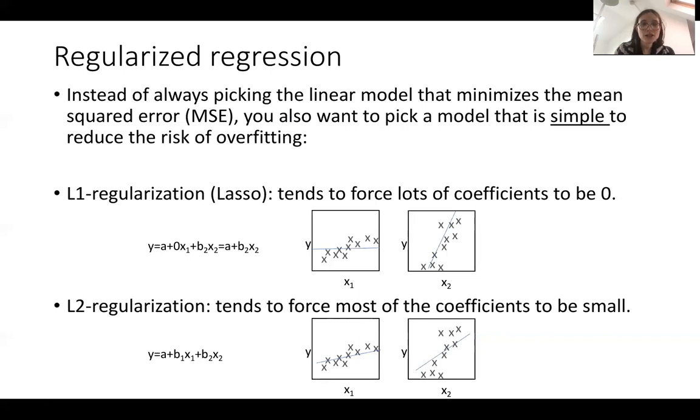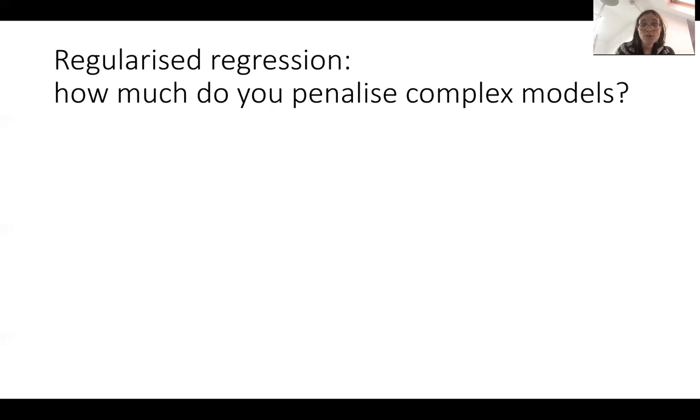However, in general, L1 regularization, also called lasso, tends to force lots of the coefficients to be zero. That means you can drop them from the equation and end up with a simpler equation. In L2 regularization, many of the coefficients end up being small, so the slopes are less steep than in normal multiple regression analysis. However, there's now a balance that you have to strike between having a model that really minimizes the mean squared error and having a model that's simple.